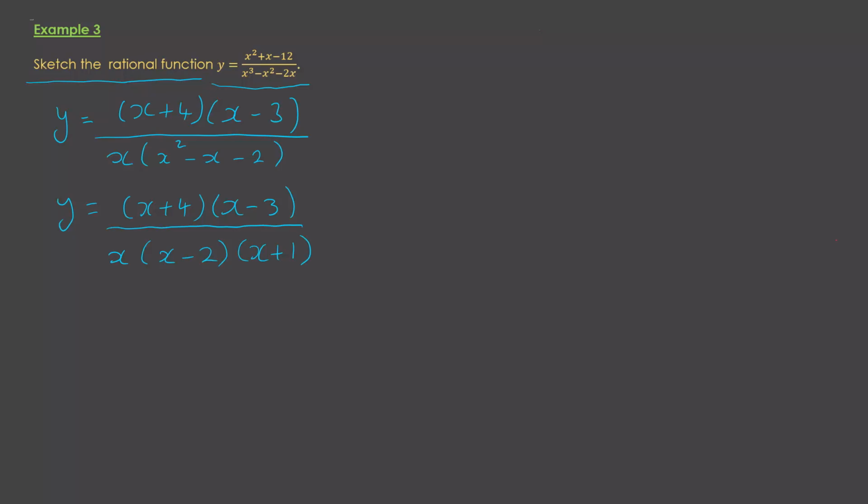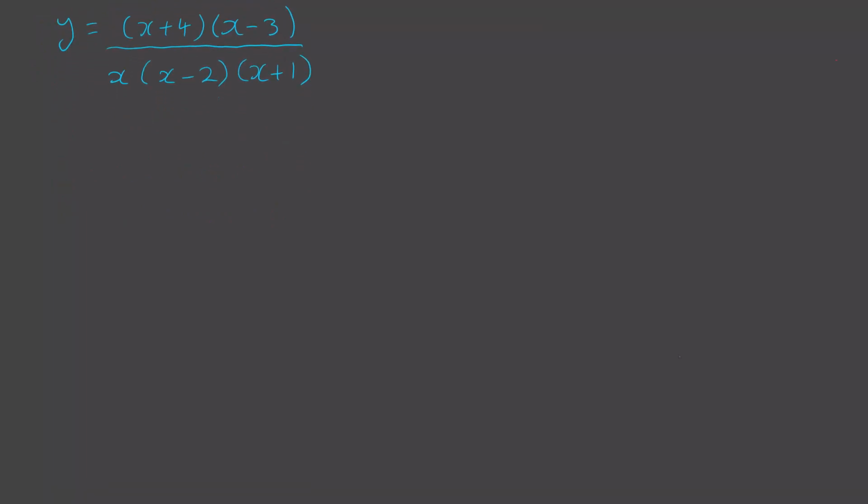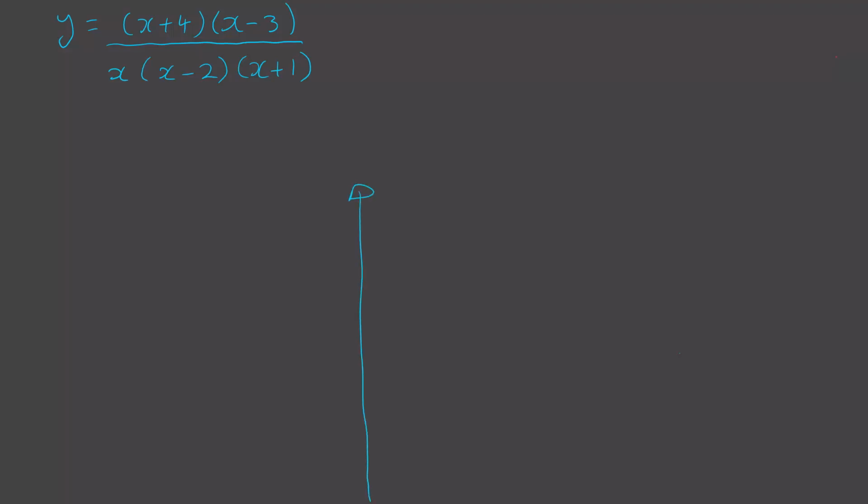So there are various things that we can tell from this. If we look at the denominator, it will be 0 when x is 0, when x is 2, or when x is negative 1. So if we start to build up a picture of our graph, we can mark those asymptotes on.